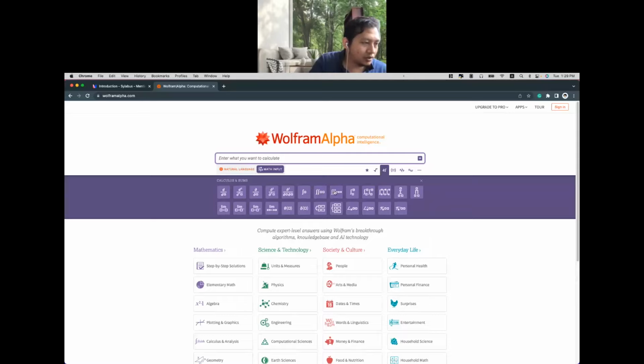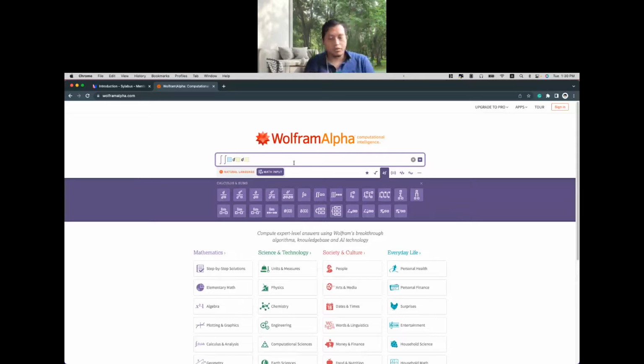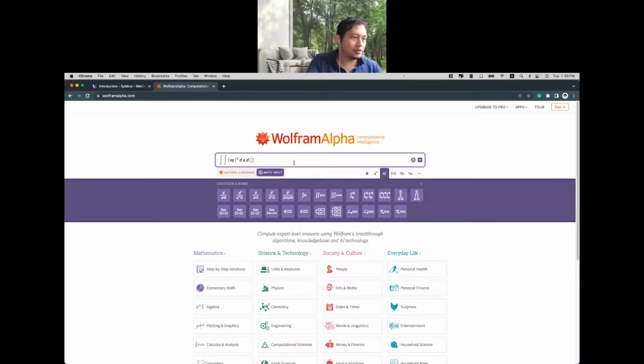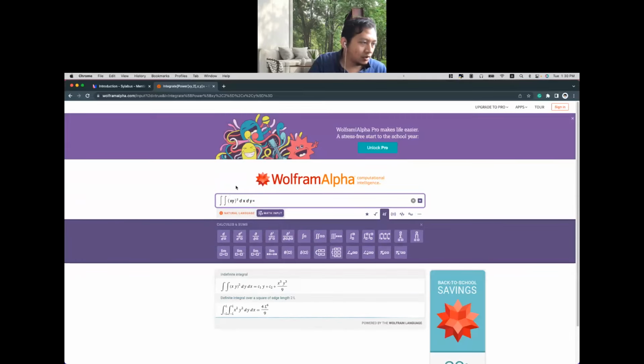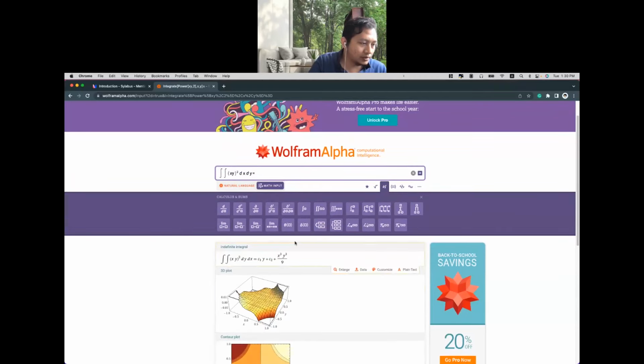You can make it a triple integral or a double integral. Let's say a double integral. Not sure what the result will be, but let's just say we have this. Don't forget to include the equal symbols, if not, then probably the computer will not really understand what the question means. And we get the results.